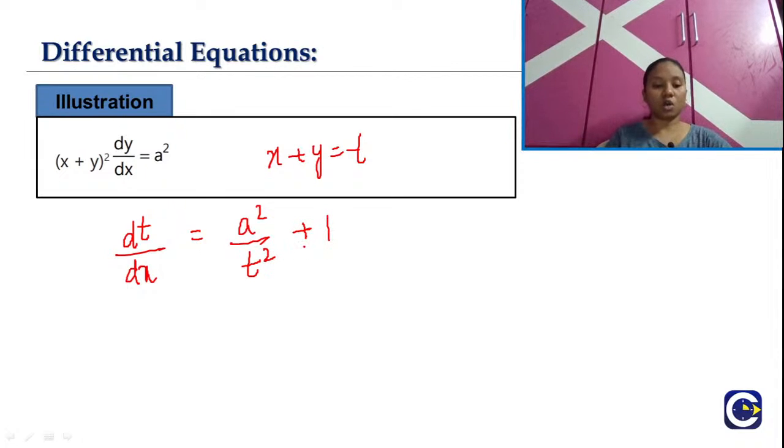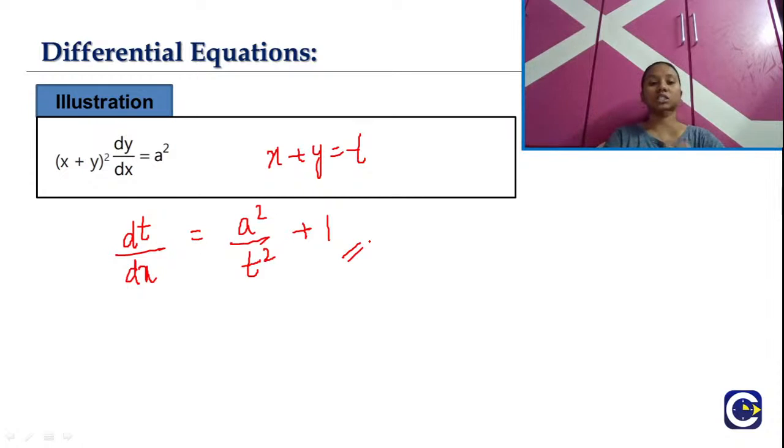Right. So now what can we do here? We have t on one side and x on the other side. So how can we integrate here? Just give it a try and try to integrate this step. This is the simplified version. Give it a try because this integration you are familiar with. So whenever we have two variables, what is the thing we have to do?